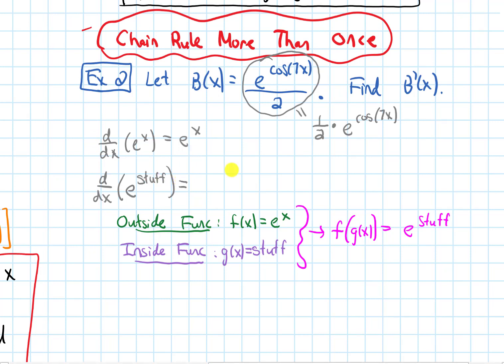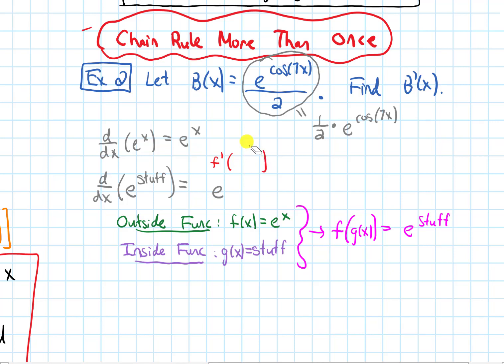So the chain rule is going to say, well, take the derivative of the outside, and when you do, keep plugging g of x into it. So don't plug in x, plug in g of x. So the derivative of my outside function e to the x is just e to the x. Except the chain rule doesn't say do f prime of x.